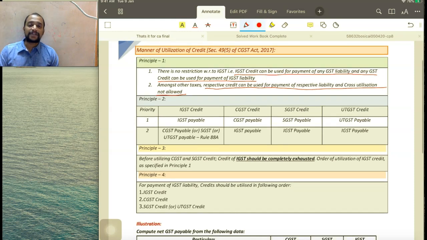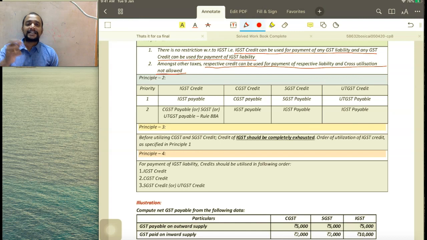Then second principle here. Now IGST credit can be used for payment of any GST liability. Is there any priority? Yes, there is a priority. First to use IGST credit for payment of IGST liability. Still if you have some IGST credit, you can use it for payment of CGST or SGST or UTGST.